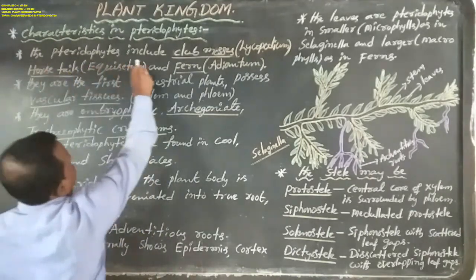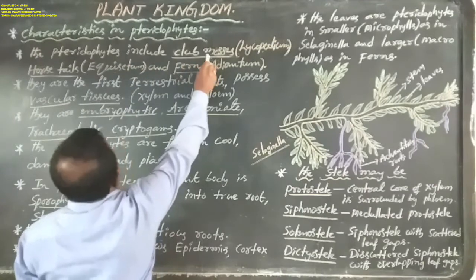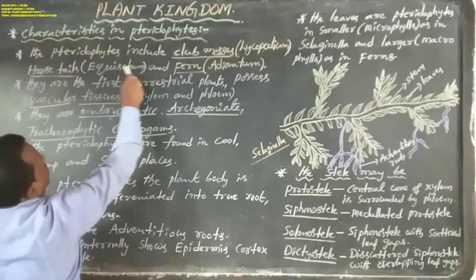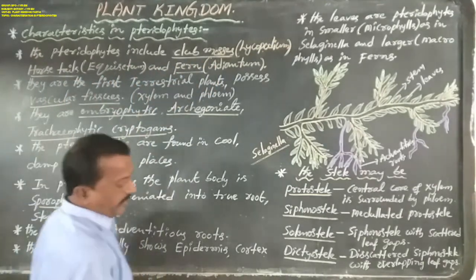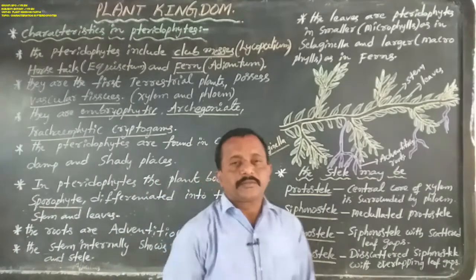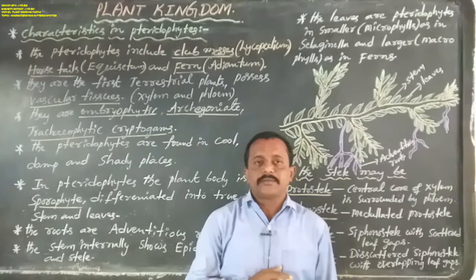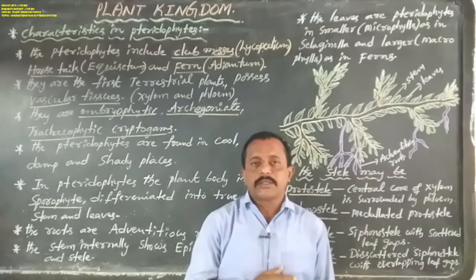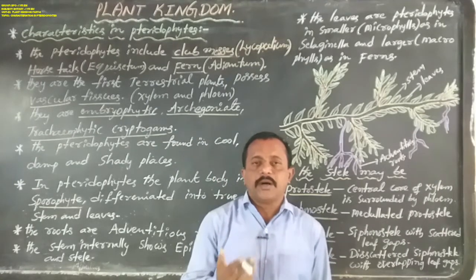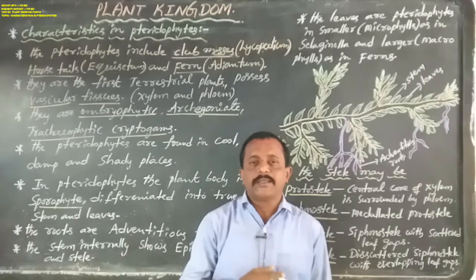The pteridophytes include club mosses, horsetails, and ferns. Bryophytes include liverworts, hornworts, and mosses.